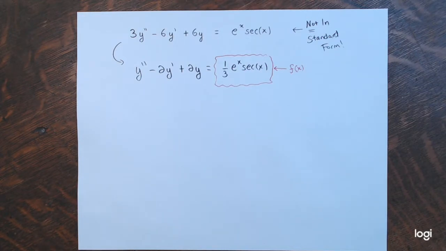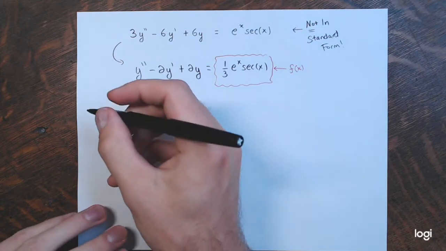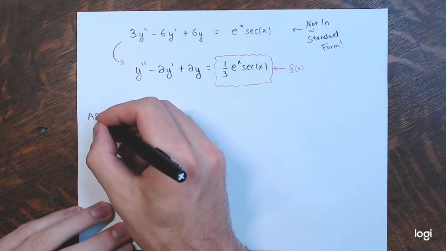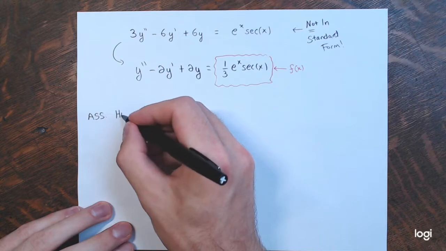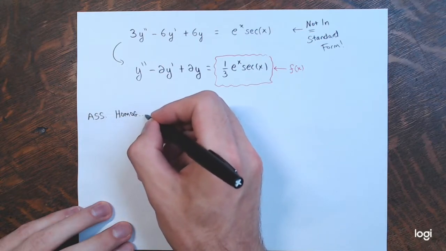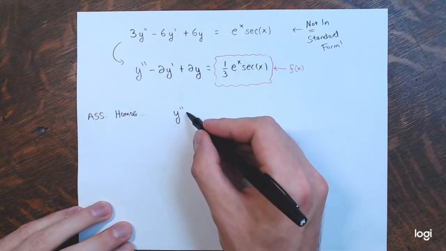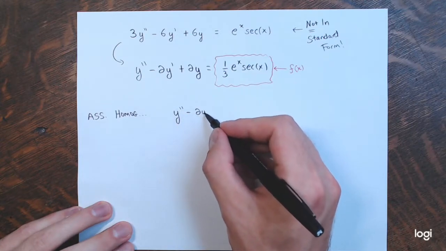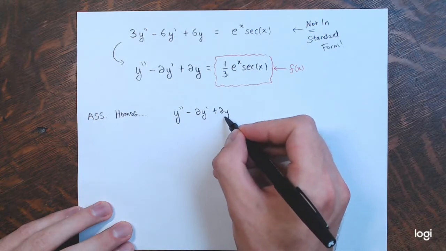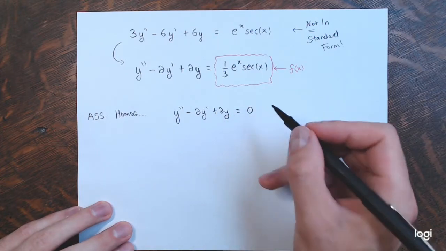Alright, so just like the others, I look at first the associated homogeneous equation, which would be this: y double prime minus 2y prime plus 2y equals 0.